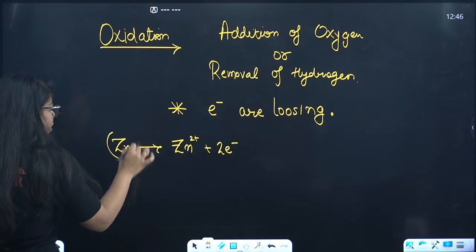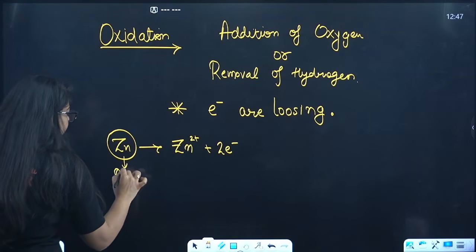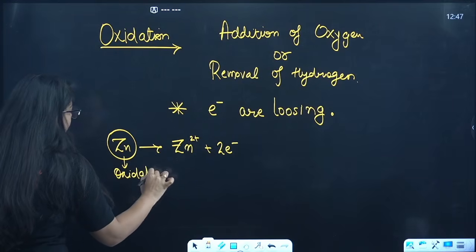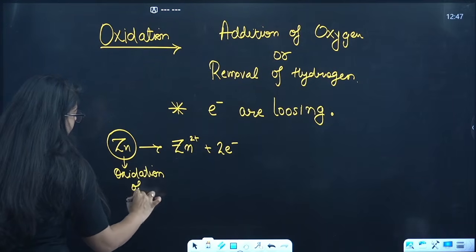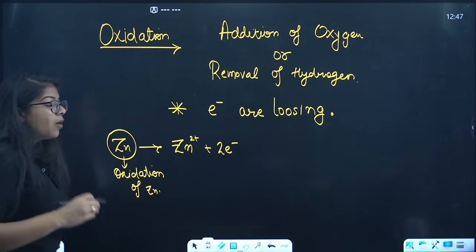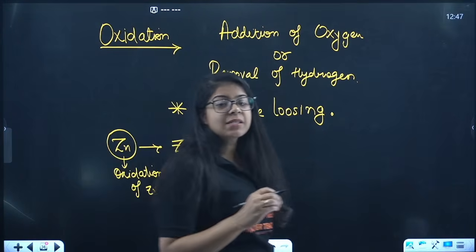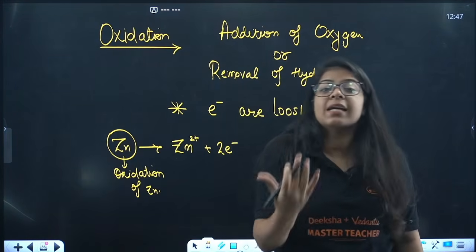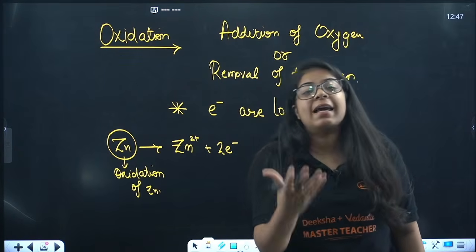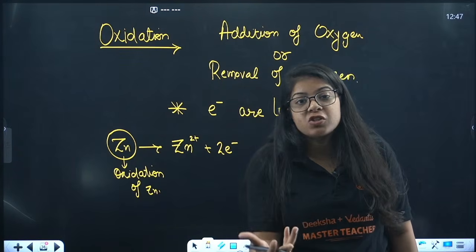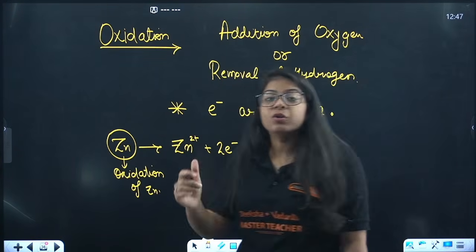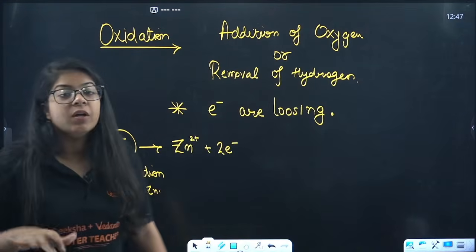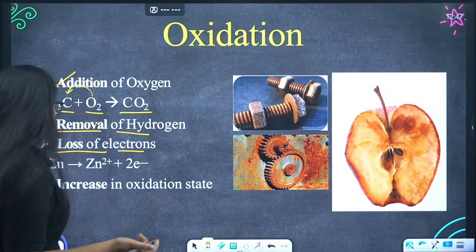So oxidation of Zn happens. That's how you say it. Beta, in reduction and oxidation, one of the main things is how to say these things. Oxidation of zinc happened, removal of electrons happened, addition of oxygen happened, removal of hydrogen happened. All this is oxidation, right?